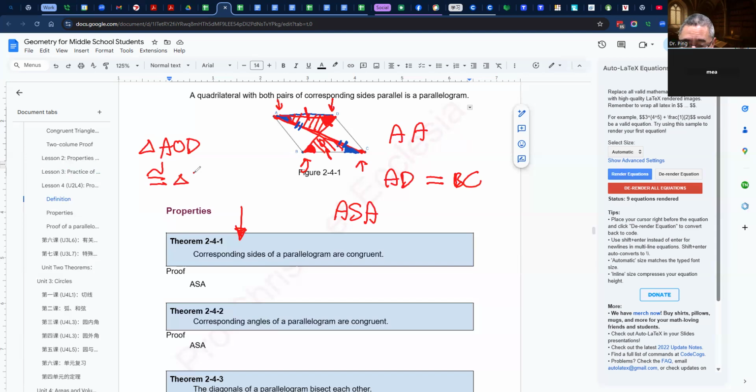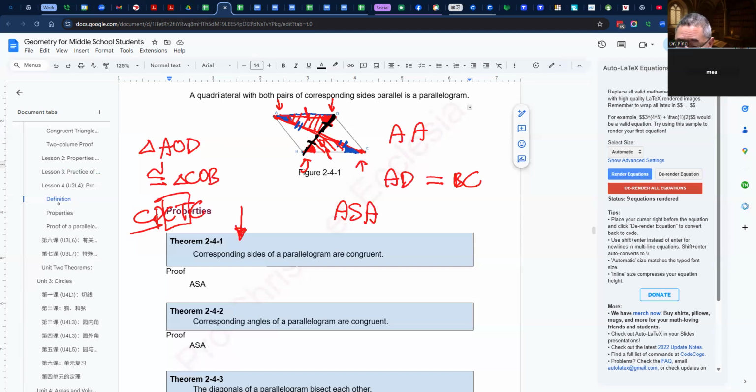Okay, now we have that. Then, based on CPCTC, corresponding parts of congruent triangles are congruent. So therefore, we know this side is congruent to this side, which means this and that are congruent.